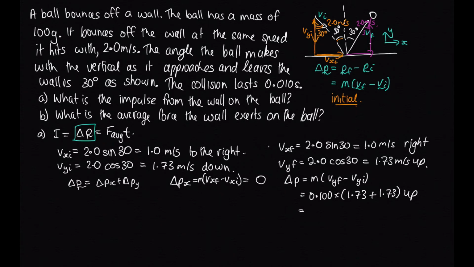And so solving that, we end up with 0.346 up. So our final answer for the impulse is equal to 0.35 kilogram meters per second vertically away from the wall.